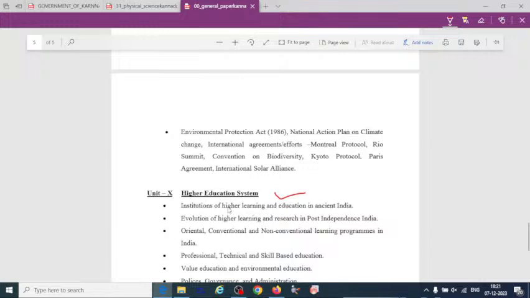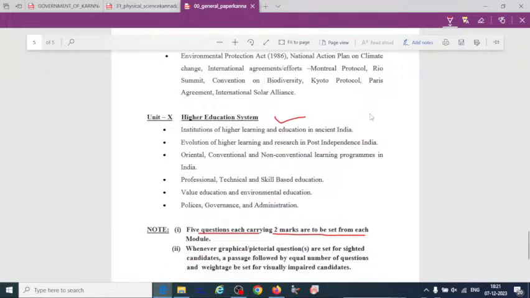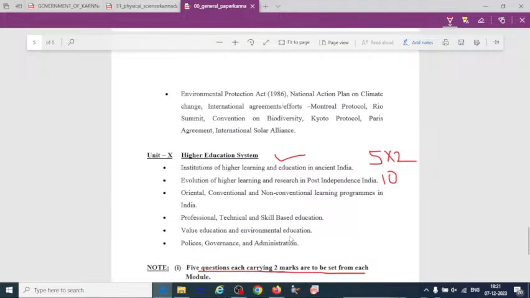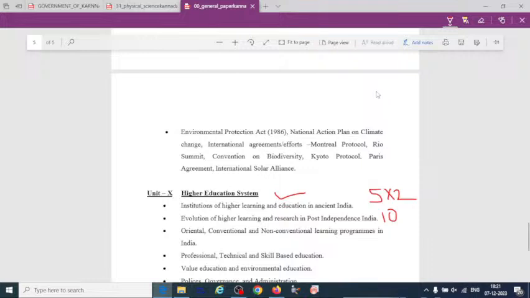There are 10 core subjects or topics, and each topic has 5 questions. 5 questions into 2 marks is how many marks? 10. So 5 questions each carrying 2 marks are to be set from each module, totaling 50 questions for the GK paper, which is 100 marks.